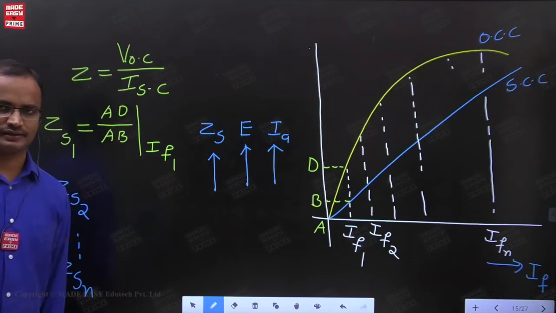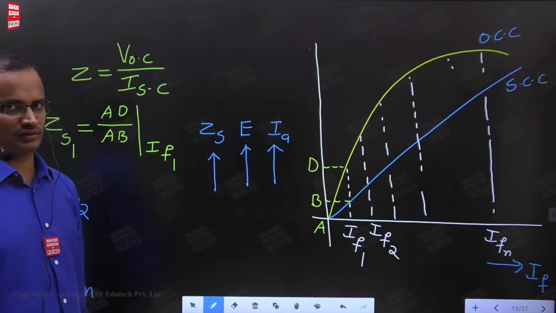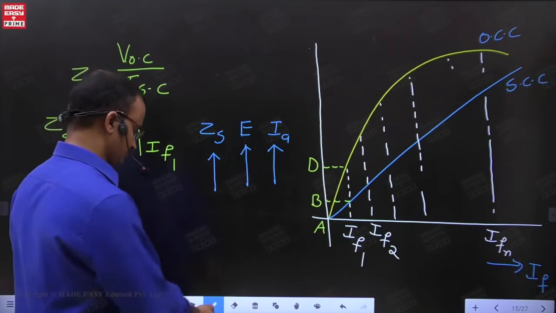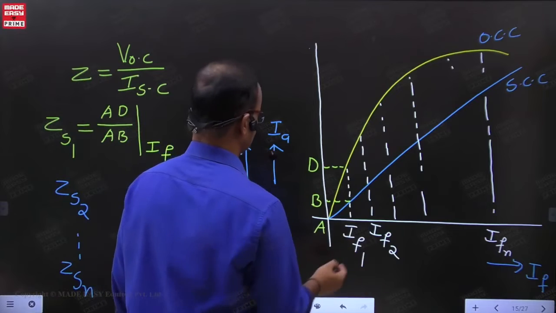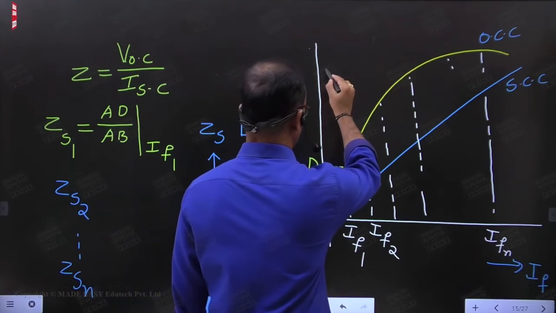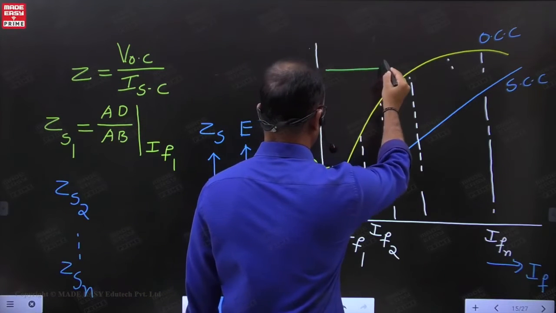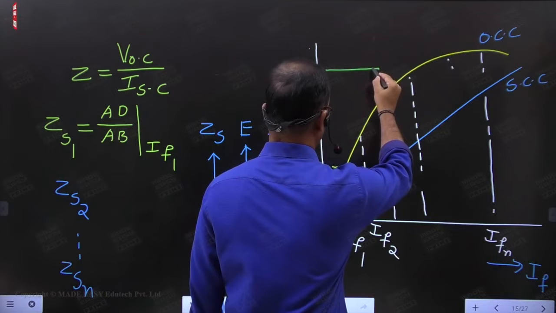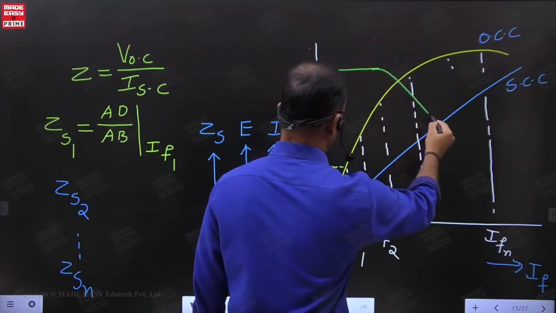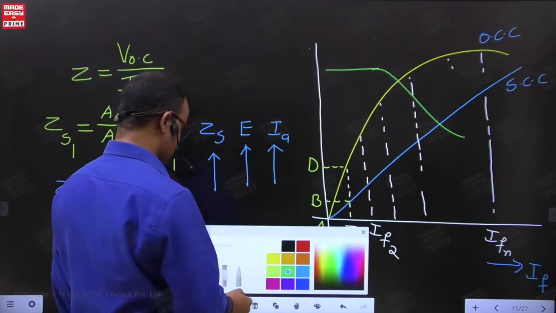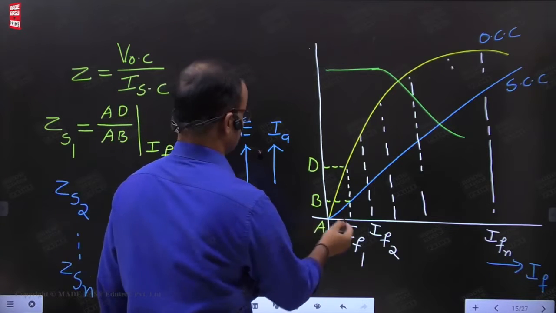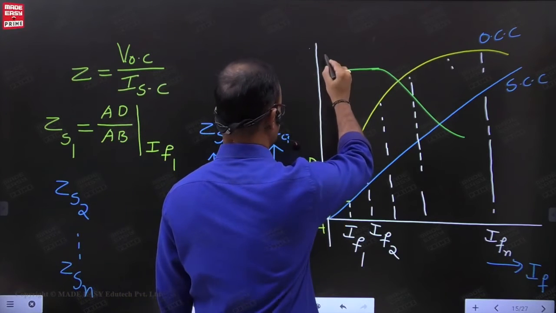With the help of this data, if you draw the graph here, approximately we obtain it like this.